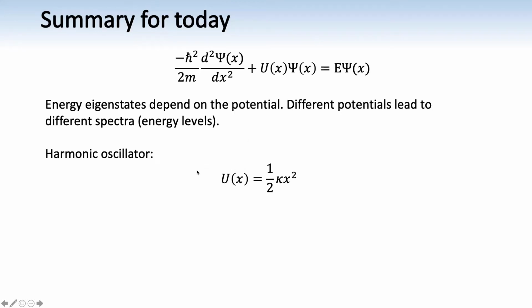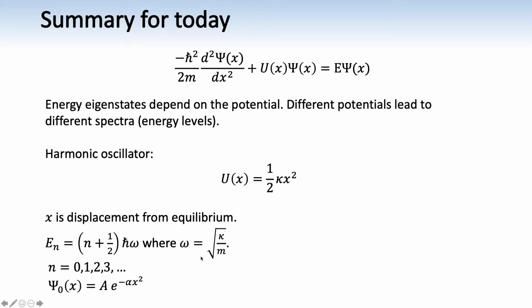So as you know, the harmonic oscillator potential is of the form 1/2 kappa x squared, where x is displacement from the equilibrium of the oscillator. And we'll discover that the energy levels are labeled by a number n, which can be 0, 1, 2, 3, etc. And the energies are given by (n plus a half) h bar omega.